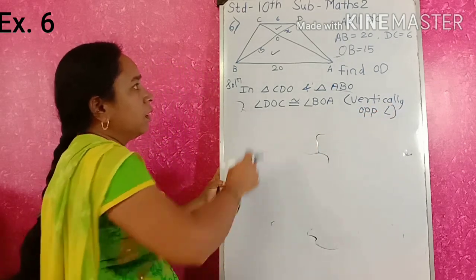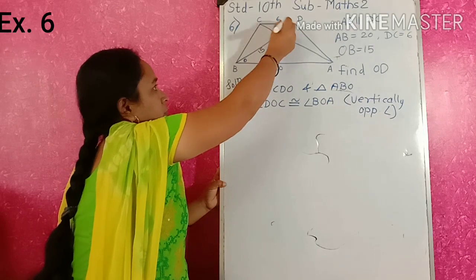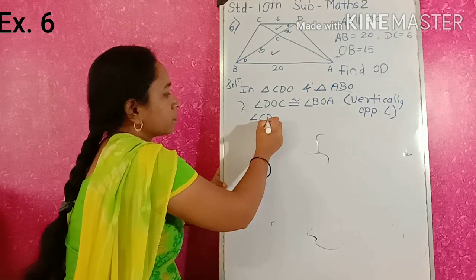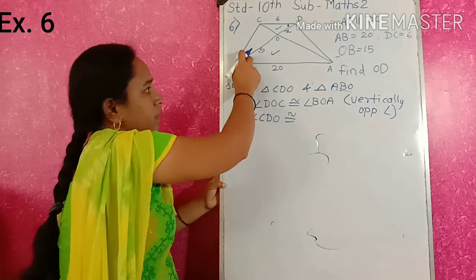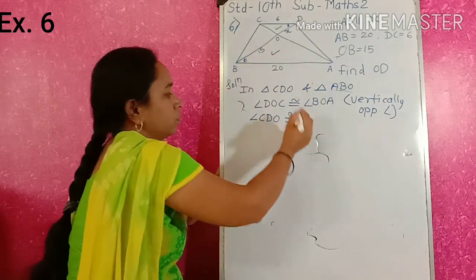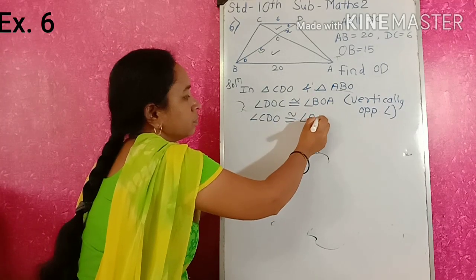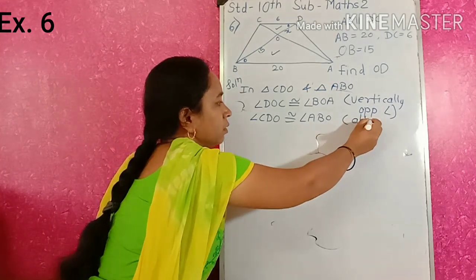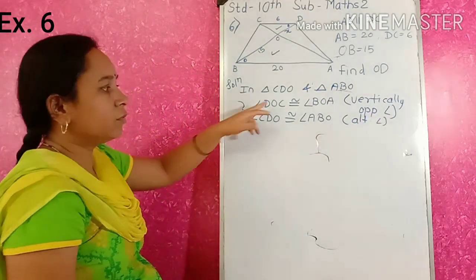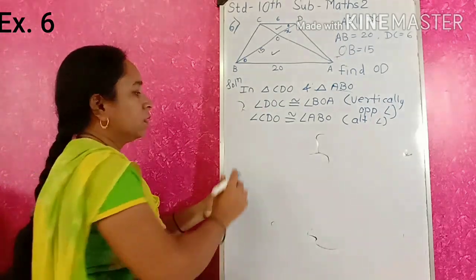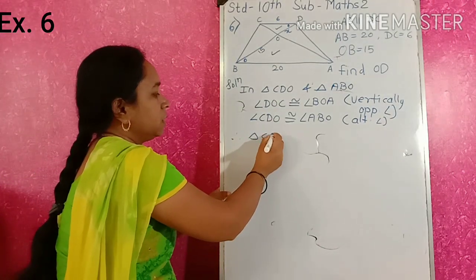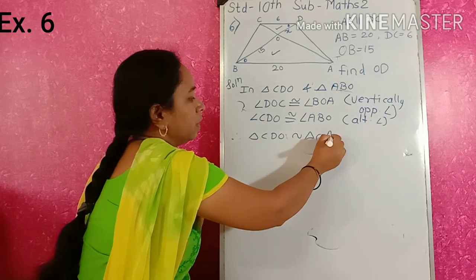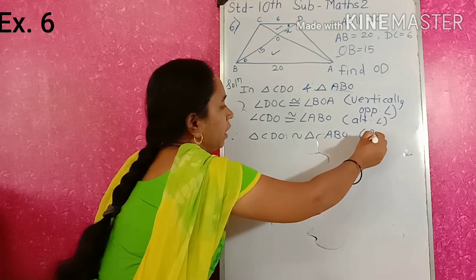Now next angle, I'll consider these two angles. How to read this angle? These are the alternate angles. So angle CDO is congruent with angle ABO. These are the alternate angles. Now if these two angles are congruent, then we can say that triangle CDO is similar to triangle ABO by AA test.